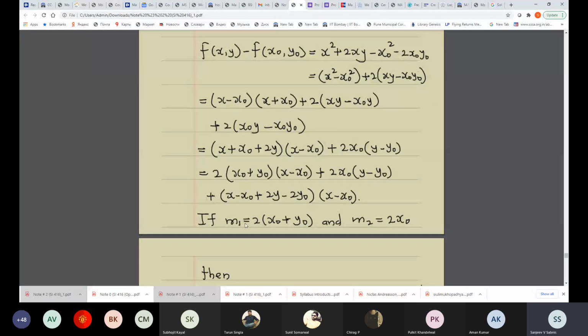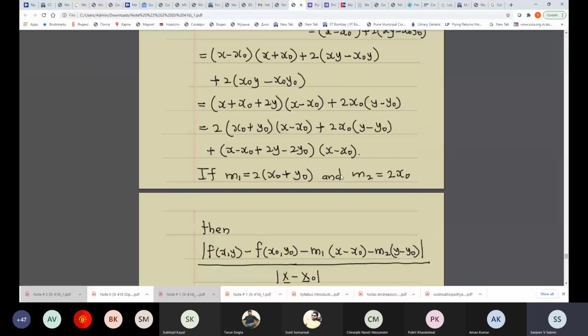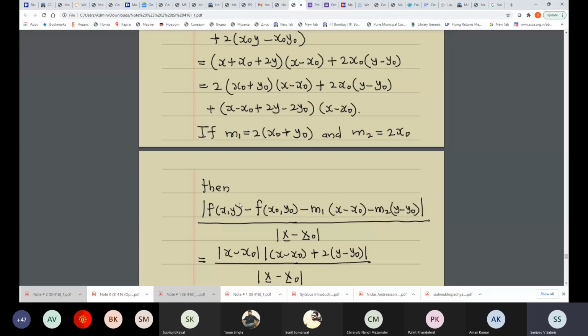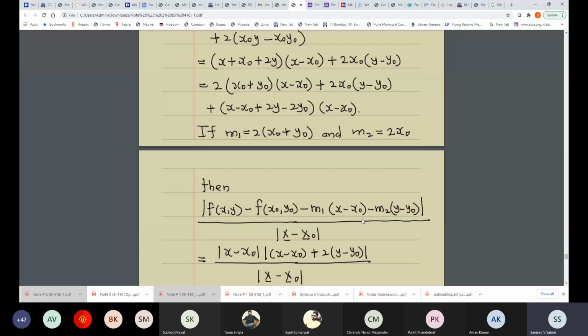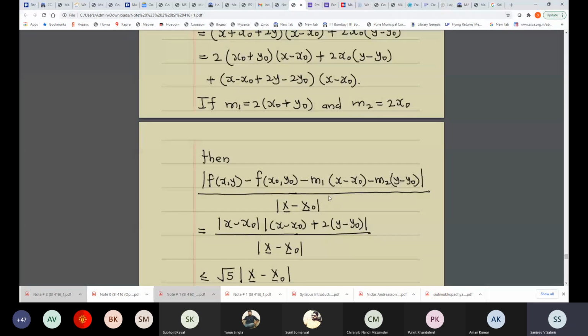Now if you let m1 be equal to 2 times x0 plus y0, and m2 be equal to 2x0, then consider the quotient that is there in the definition of a multivariable function being differentiable.